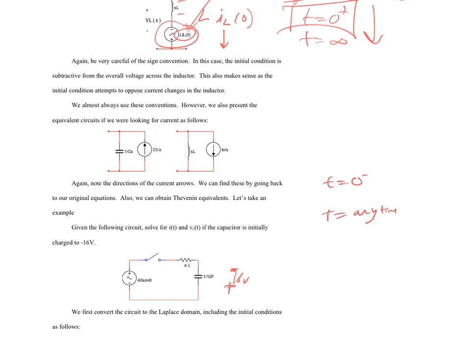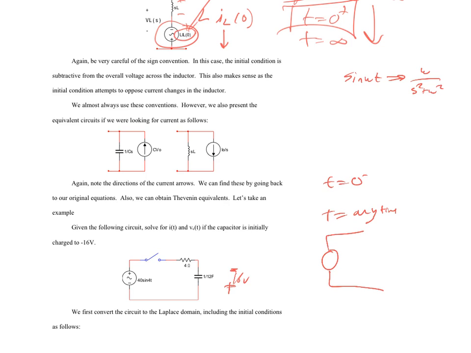This is going to be a power supply whose value, what is sine omega t equivalent to in the Laplace domain? You remember? Omega over s squared plus omega squared. Very good.